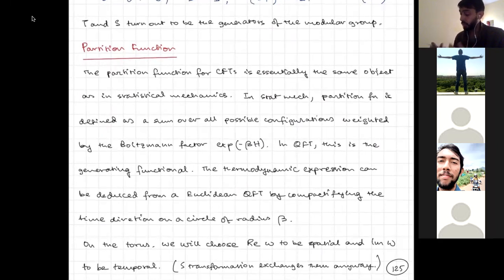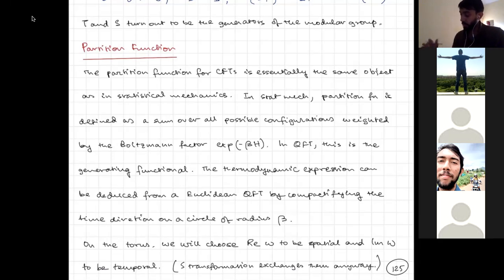And as you know, you can deduce thermodynamic expressions from a Euclidean CFT by identifying the erstwhile time direction on a circle of radius beta, where beta is equal to 1 over T.